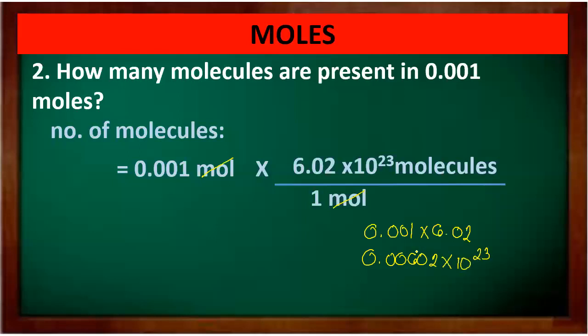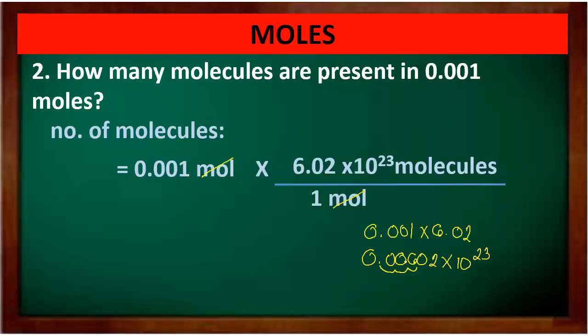So since this is not the right way to write a number in exponential form or in the scientific notation, we have to change this. Kasi kailangan mayroon isang number in front sa decimal point natin. So we move decimal places to the right. How many places would this be? 1, 2, 3 decimal places.